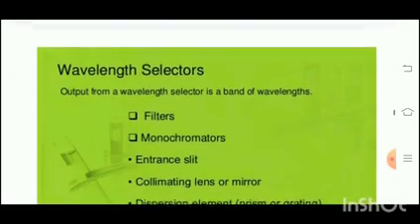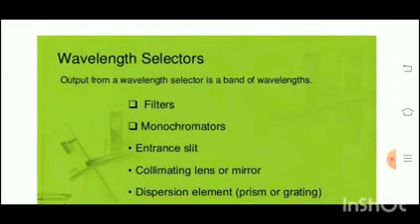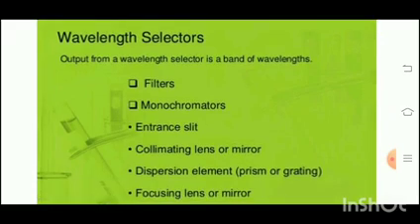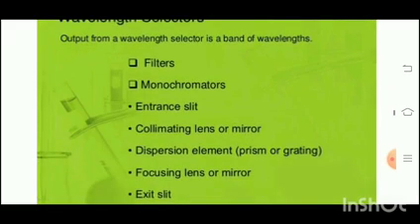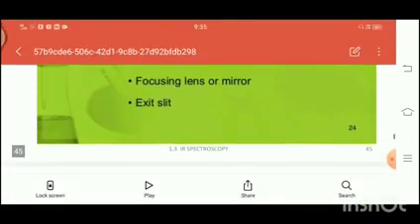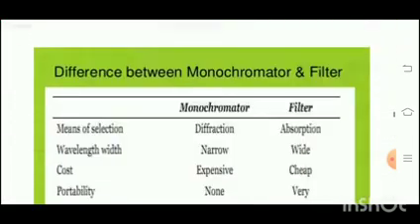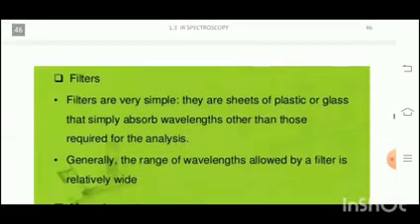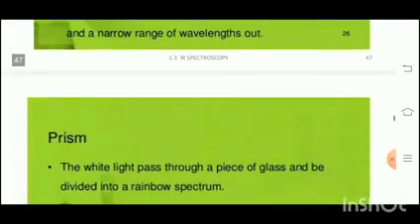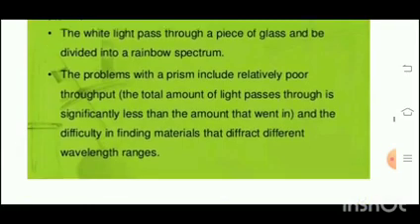The second component is the wavelength selector, otherwise called the monochromator. It comprises filters, an entrance slit, a collimating lens, a dispersing element like a prism or grating, a focusing lens, and an exit slit. These are all the components of the monochromator. Normally the monochromator uses a prism or grating.